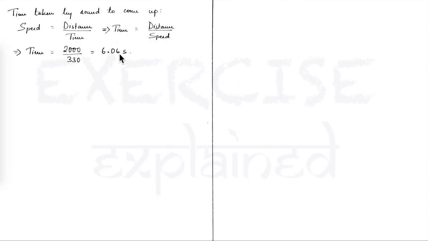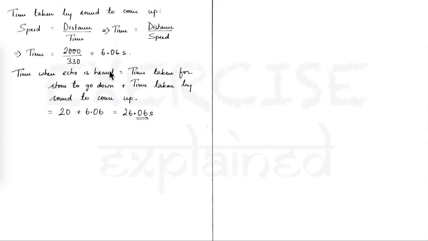So the stone took 20 seconds to go down and the sound took 6.06 seconds to come up. So the time after which echo is heard will be equal to time taken for stone to go down plus time taken by sound to come up. So that gives us 20 plus 6.06, which is nothing but 26.06 seconds.